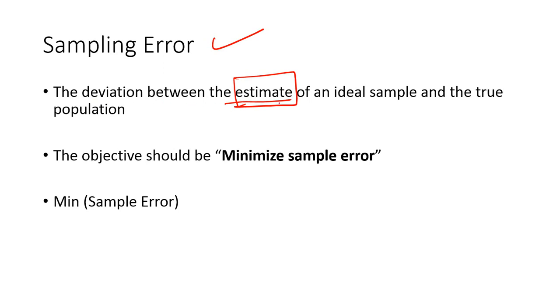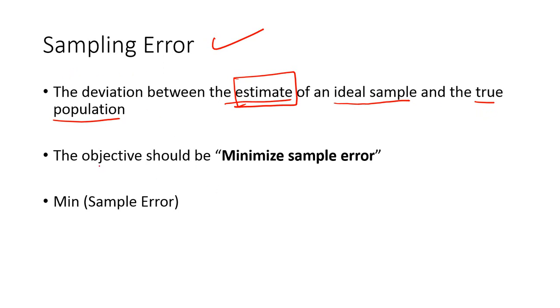If you build a model using the true population and another using a sample from the population, then the deviation of the estimate from the sample data versus the population data is what is known as the sampling error.